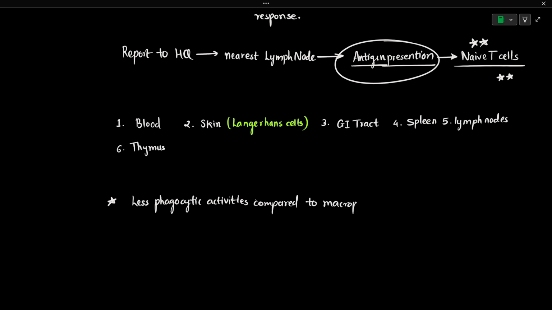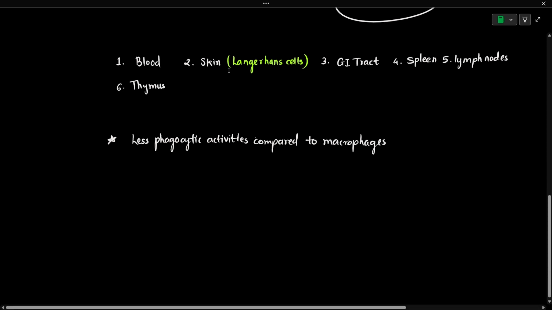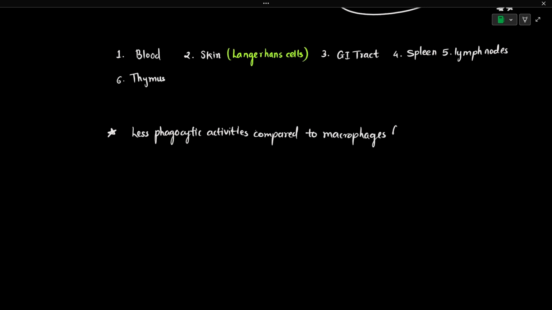If we compare them to macrophages, the hydrolytic enzymes will also be less. They have less hydrolytic enzyme compared to macrophages, as well as few digestive bodies such as lysosomes.